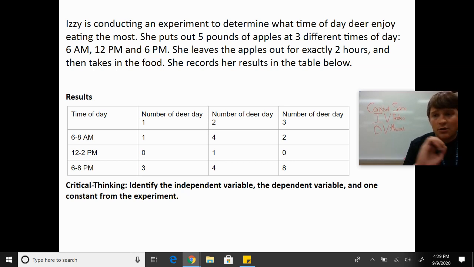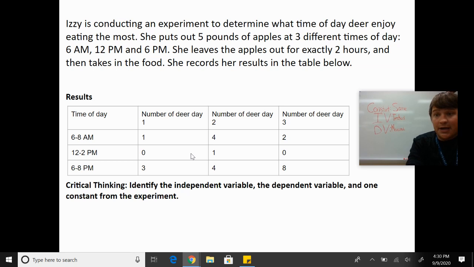Dependent variable is, what are we specifically measuring based off of our results? And we are measuring the number of deer each day, which happens to be quantitative data because it is numbers. So, taking a look, it appears to me that the best time of day to find deer is nighttime.